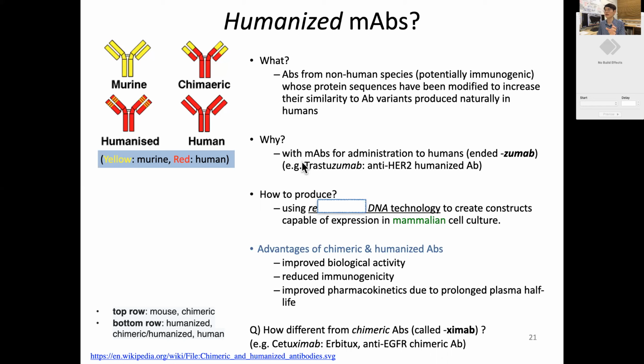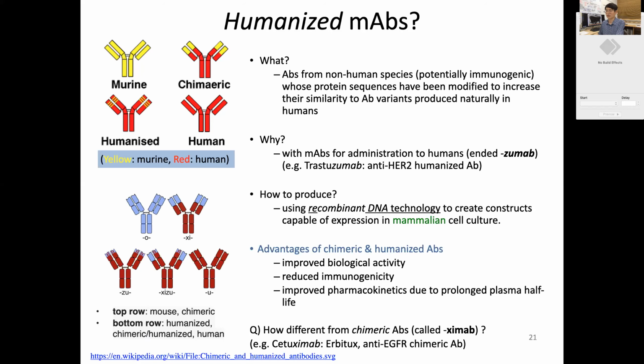That zu means humanized. And how do we produce this? We better see a little more detail: using recombinant DNA technology to create constructs capable of expression in mammalian cell culture. So recombinant DNA technology is very, very important. So let's take a look further.